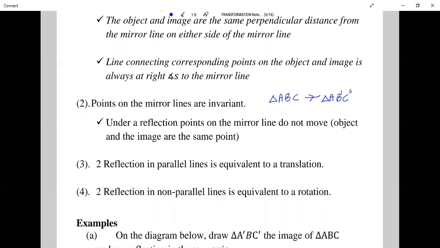This is object ABC, this is image A B prime C prime. Note that A is the same point in the object and in the image. And that is because A is on the mirror line. So in a reflection, if a point is on the mirror line, it does not move.